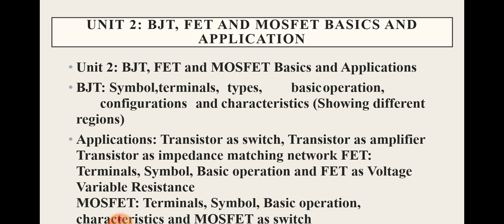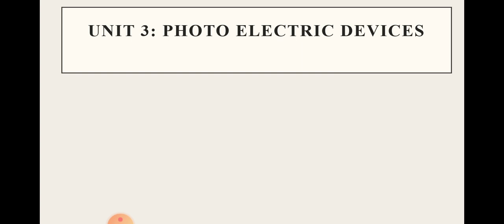So similar to the previous two, we are going to study the basics of MOSFET, that is terminals, symbols, basic operation, characteristics. And the last one is the application of MOSFET, and that is MOSFET as a switch.